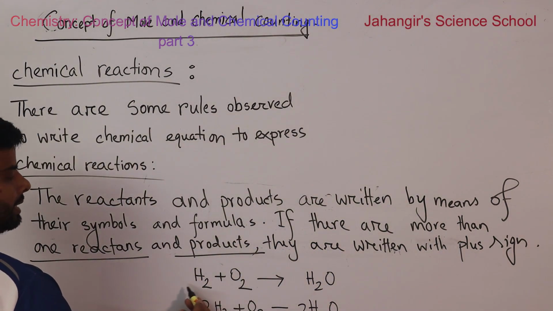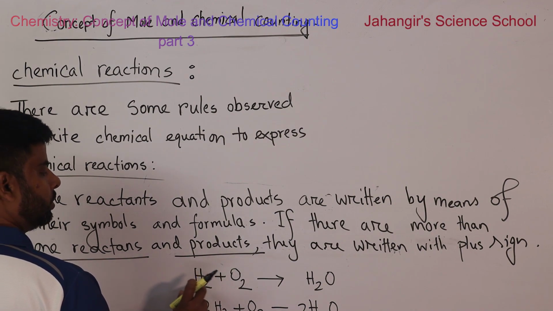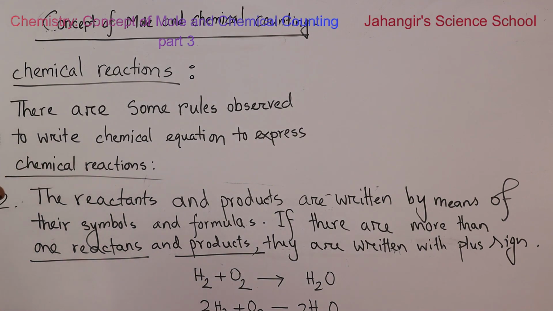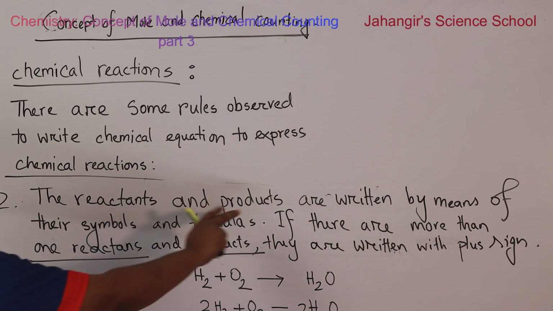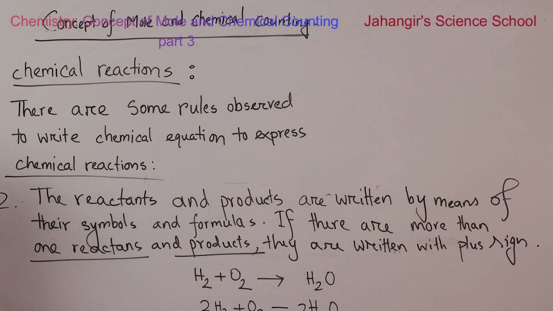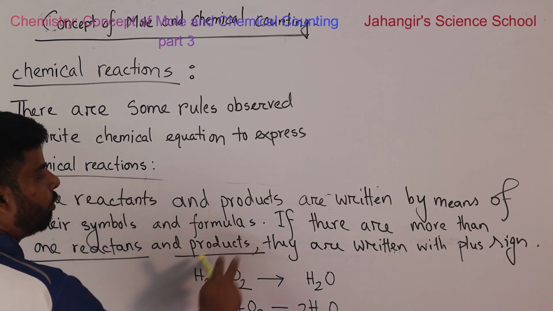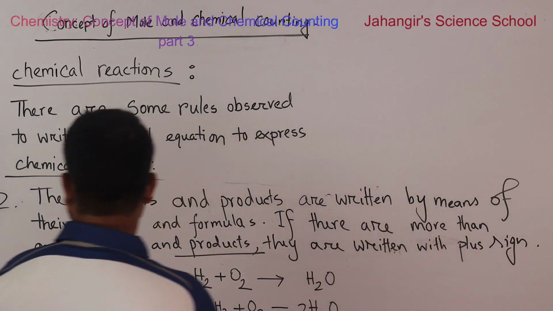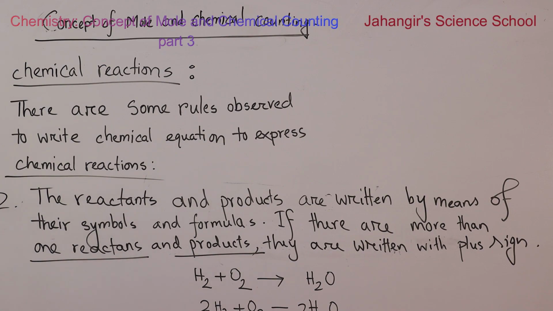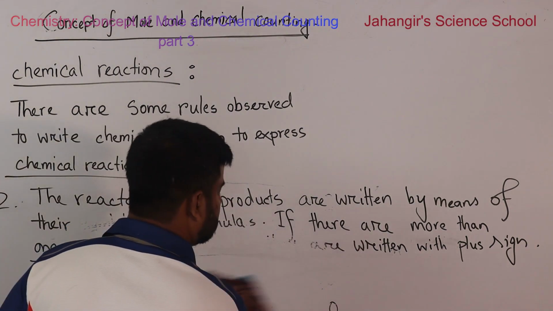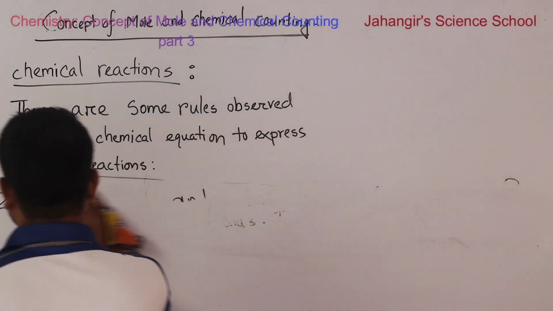The plus sign is used to join two reactants or two products. The reactants and products are written by means of their symbols and formulas. If there are more than one, they are written with a plus sign. Remember. Now rule number 3.